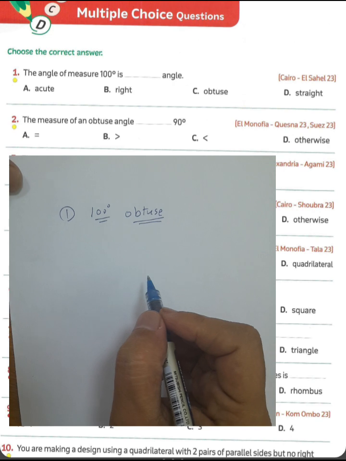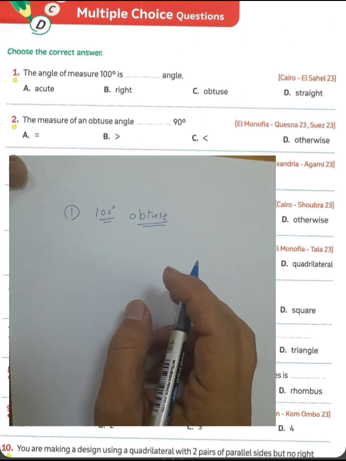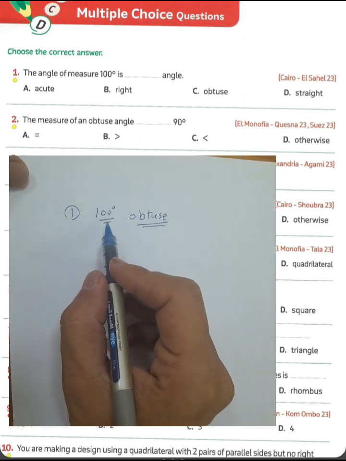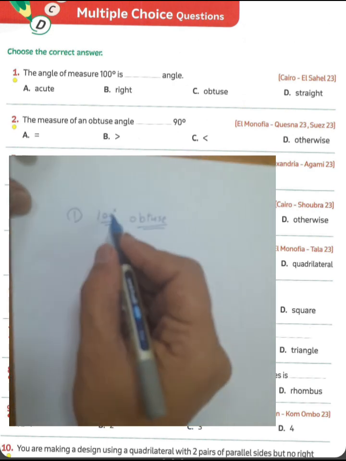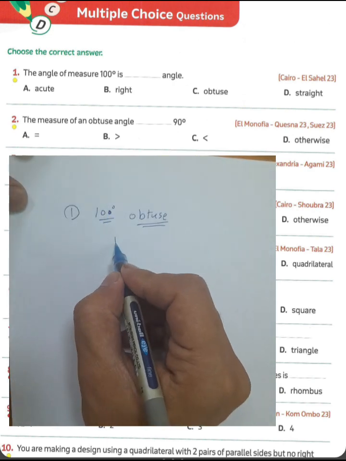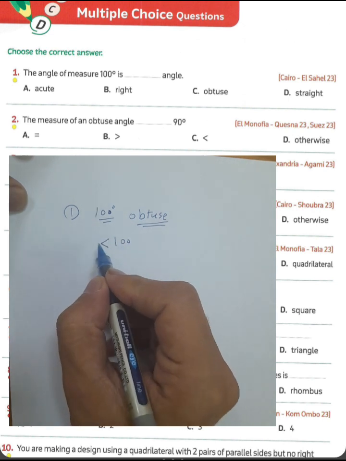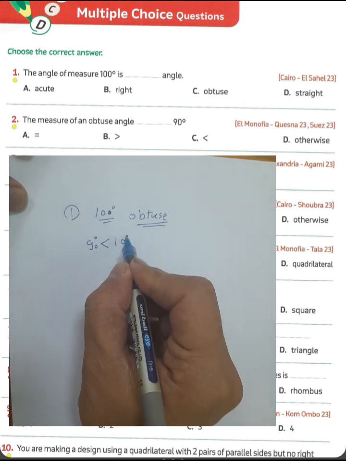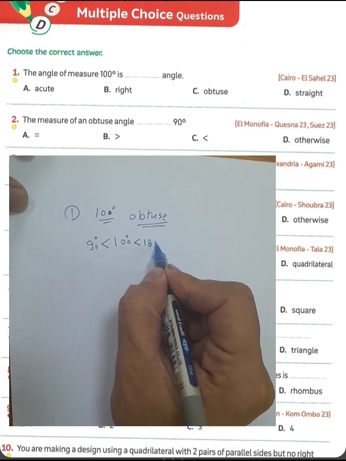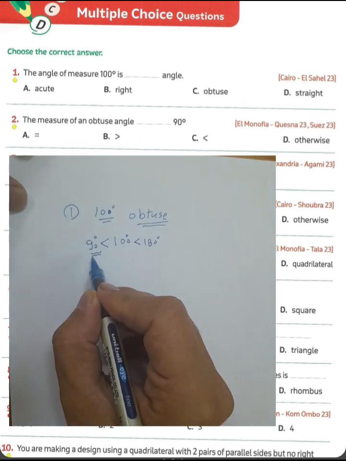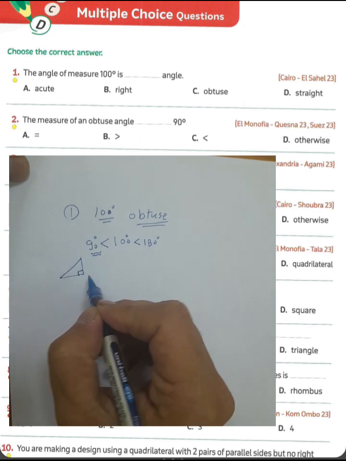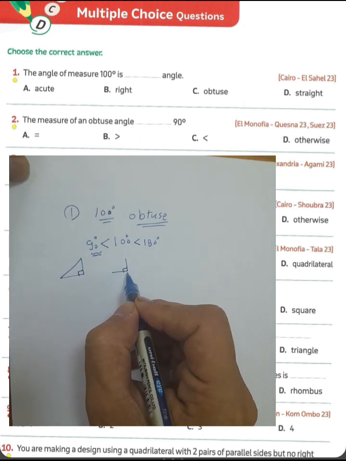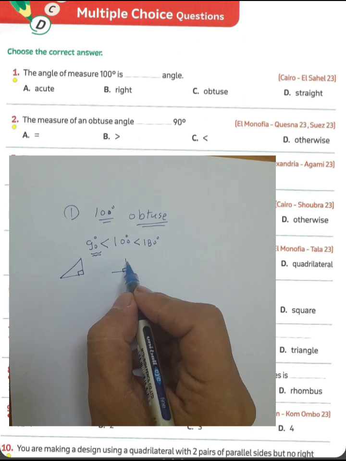Obtuse angle, because the measure is greater than 90 degrees and less than 180. We know 90 degrees we call a right angle. If we have this triangle, we call it a right angle triangle, and the measure of this angle will be 90 degrees, we call it a right angle.